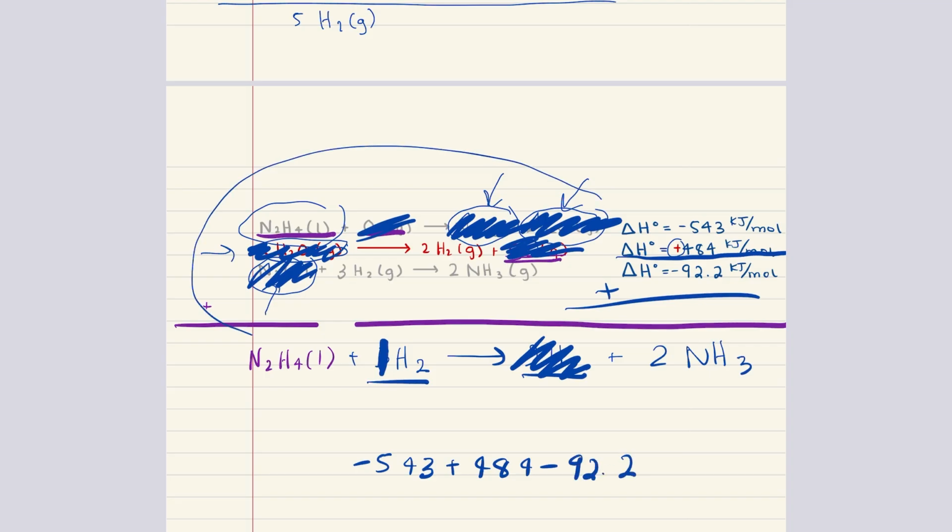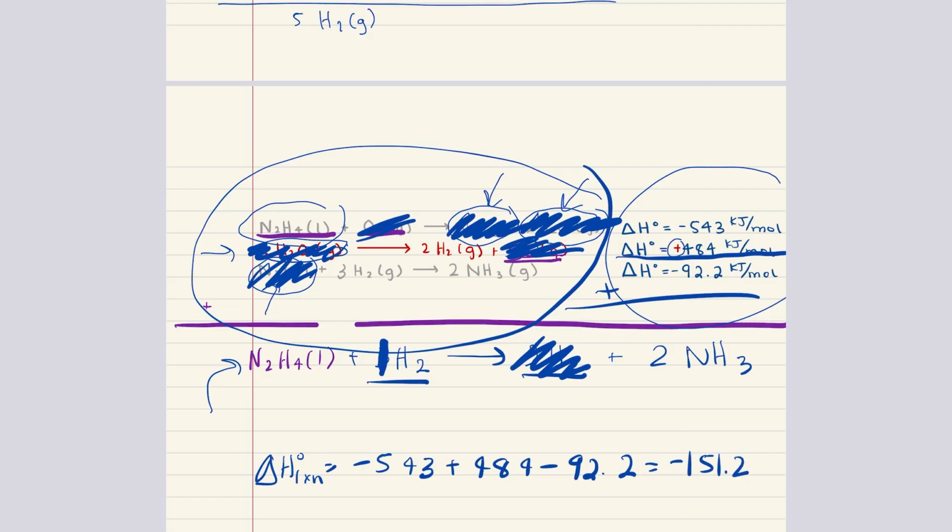So just like we summed up our 3 reactions to get our target reaction, we do the same with the enthalpies to get the total enthalpy change for this reaction. And if you plug this into a calculator, you're going to get negative 151.2 kilojoules. So the standard enthalpy change for this reaction is negative 151.2 kilojoules. And with that, we've completed this lecture.